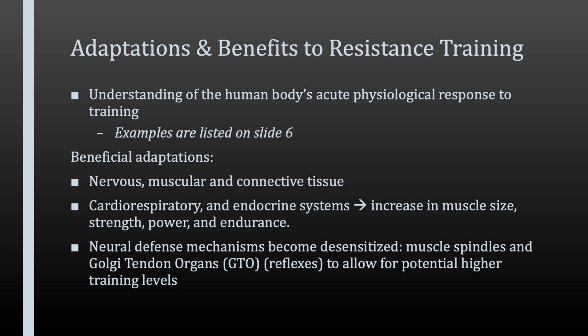Muscular adaptation entails an increase in size, which means we have an increase in strength. We can have an increase in enzyme activity, which leads to a speeding of ATP turnover, meaning if we can break down ATP at a faster rate, we can utilize that energy quicker for activity.